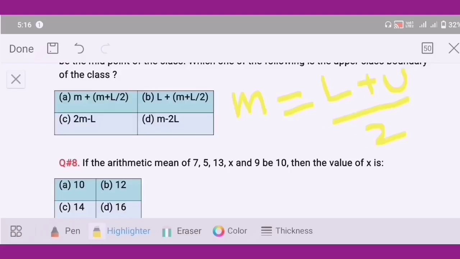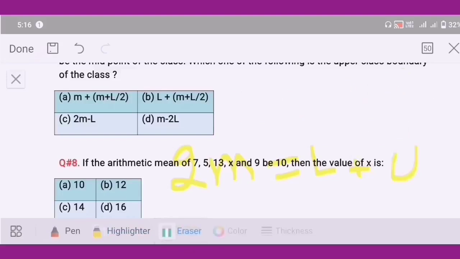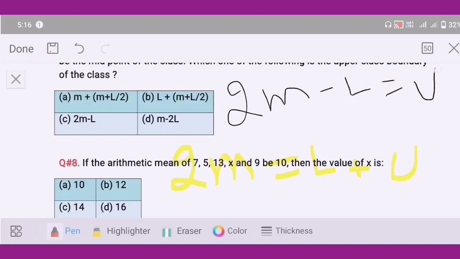Just multiply 2 to the M, that is 2M equals L plus U. So we get 2M, and shift the L to the left side, so it will be negative: 2M minus L equals U. So option C is correct.